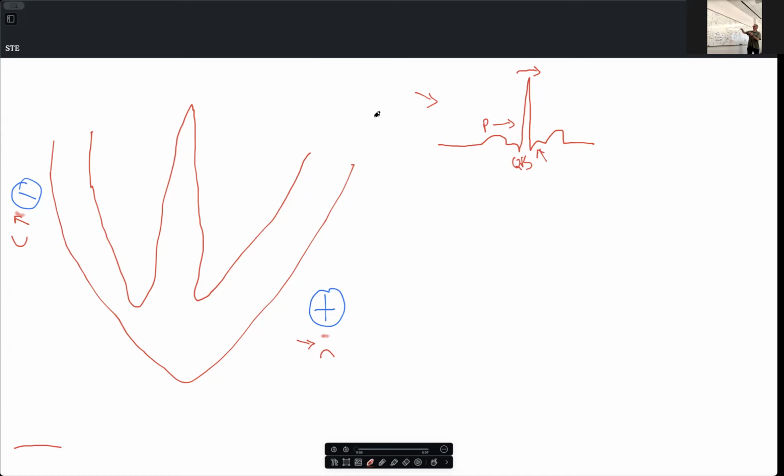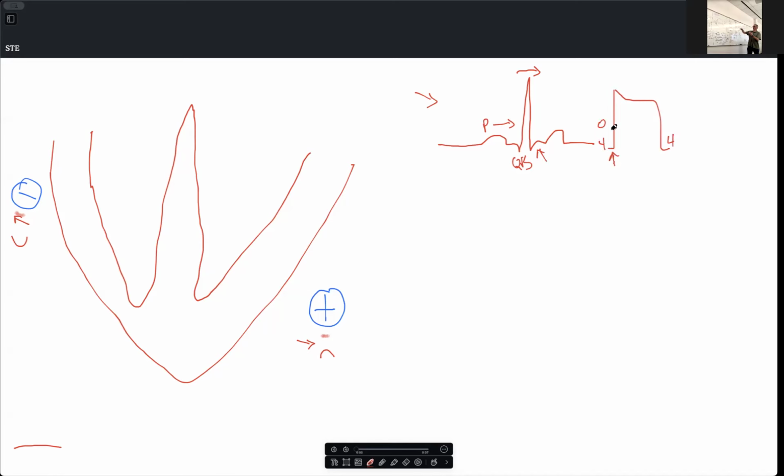And there is essentially a plateau when you look at ventricular depolarization, right? So if I look at the action potential here, it looks something like this. This flat line here is the resting potential, prior to ventricular depolarization. That's what we call phase 4.